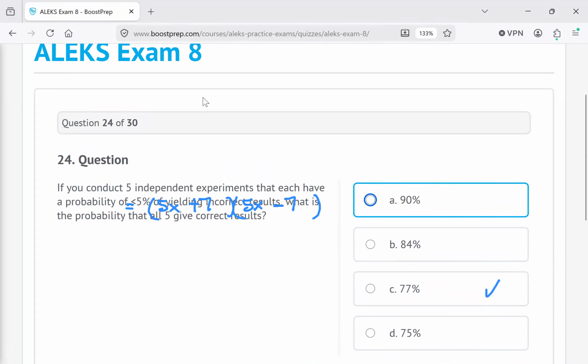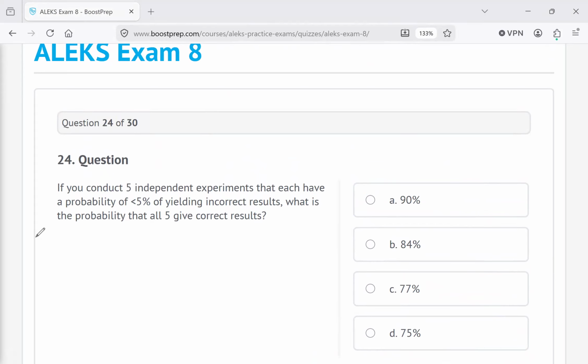This one's a good one. If you conduct 5 independent experiments that each have a probability of less than 5% of yielding incorrect results, what is the probability that all 5 give correct results? So how would we set this up?